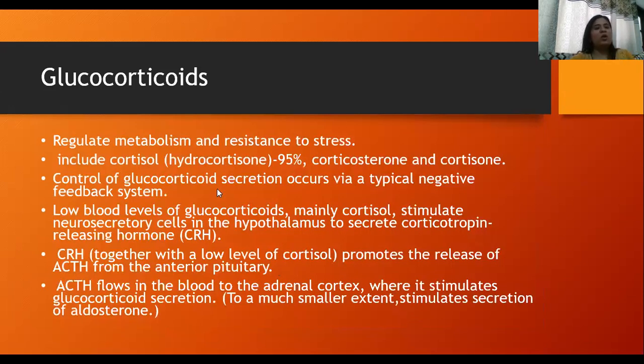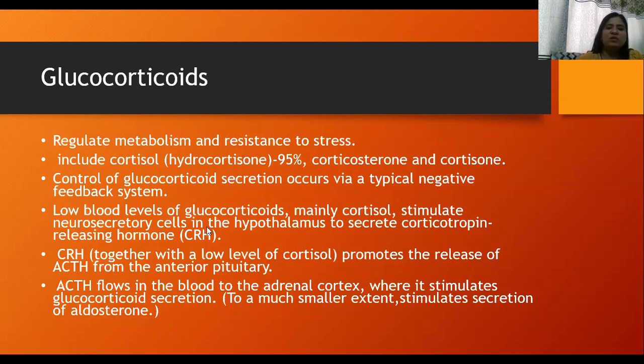And the glucocorticoids, mainly cortisol, maintain glucose homeostasis, regulate metabolism, mainly glucose metabolism, and provide resistance to stress. The control of glucocorticoid secretion occurs via a typical negative feedback system, right?